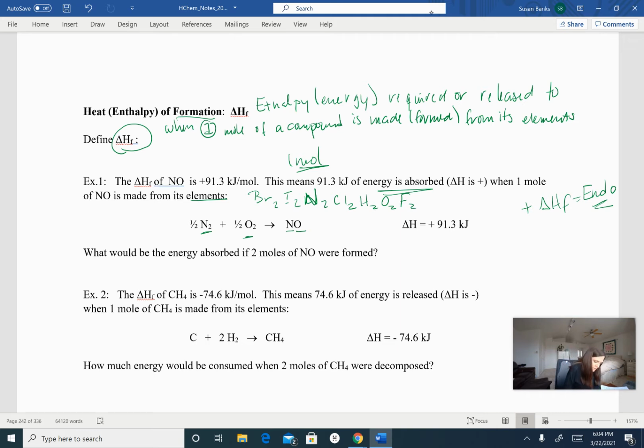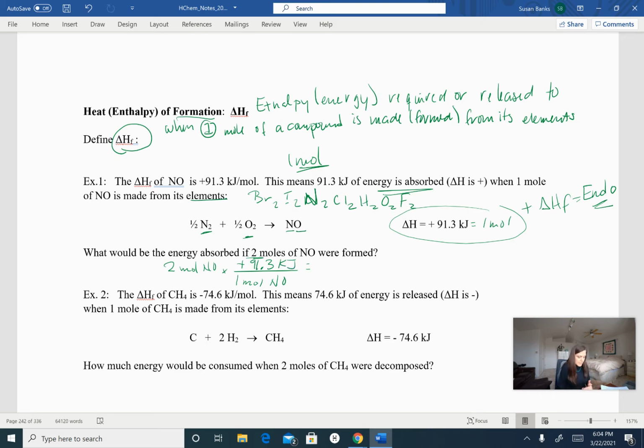Now, let's do our 2 moles. So we're going to start out with our 2 moles of nitrogen monoxide. And we know that this equals 1 mole being formed. So I can use this equivalence. So 1 mole of nitrogen monoxide being formed is a positive 91.3 kilojoules.